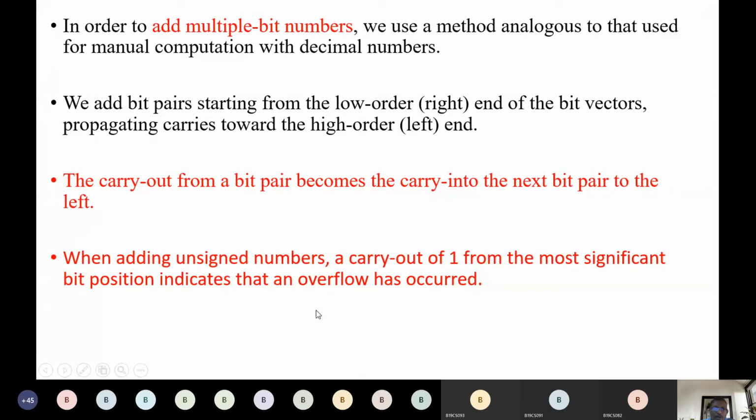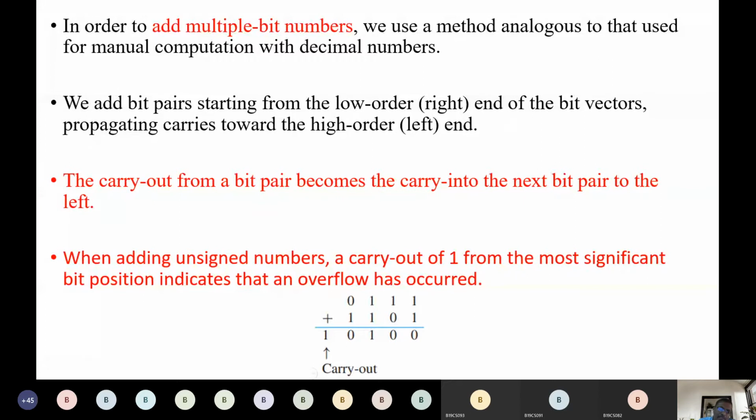Remember, we are discussing unsigned numbers, numbers without any sign. So this is a number without a sign, this is a number without a sign. We are trying to add them, and when we get more than the number of bits they can accommodate, we call it carry out, and we can also call it overflow. Okay, this is the situation in unsigned numbers.